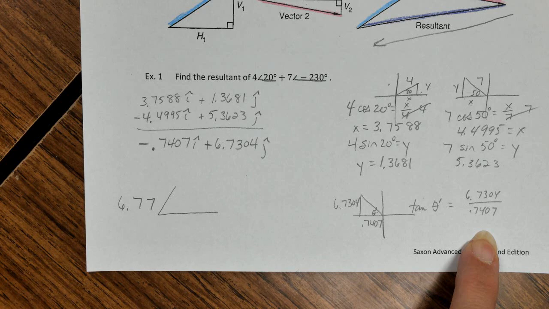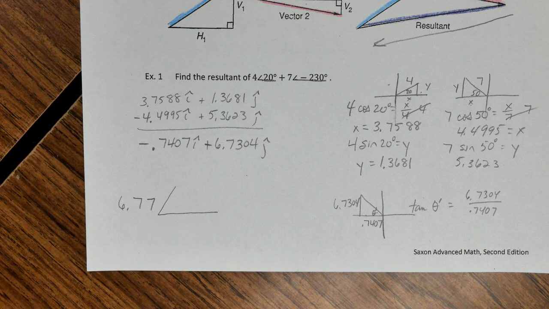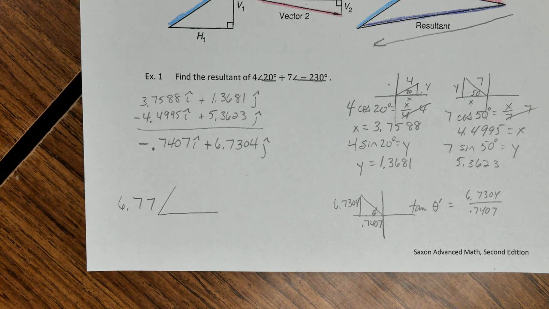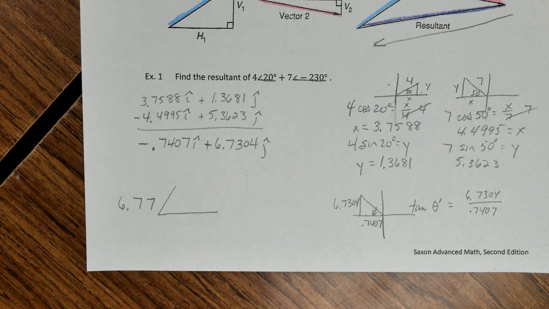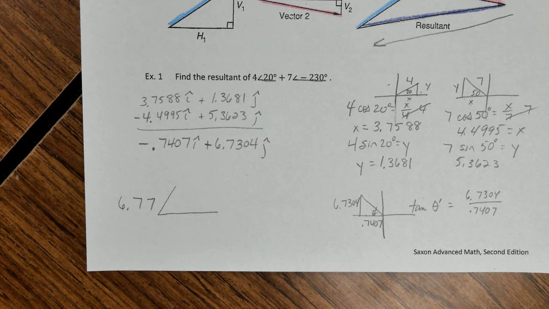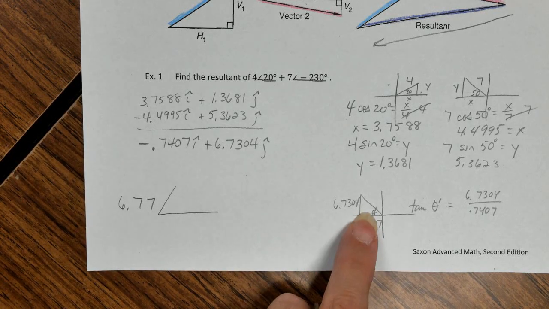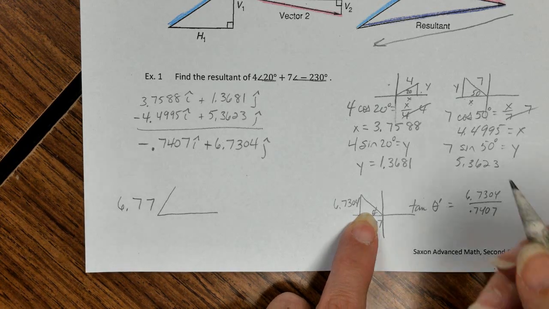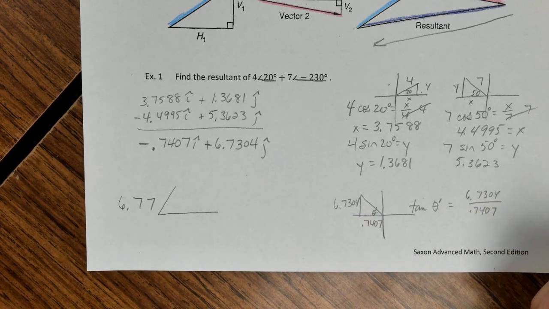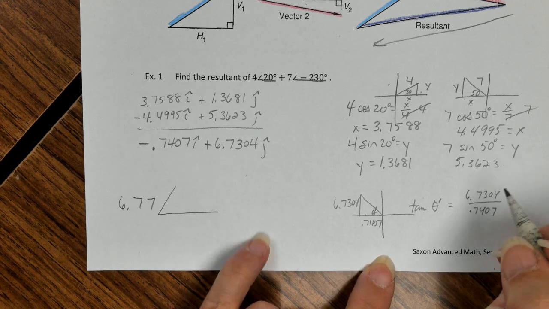I think I've had a typo. Okay, I checked. No typo. I did more decimal places in the book. We didn't quite match, but okay. So that angle, our reference angle, is 83.72. I got 83.73. We're closer.